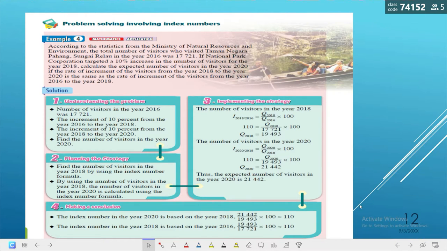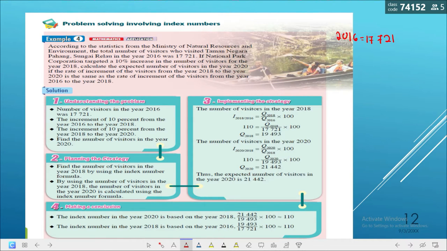Here it says, according to the statistics from the Ministry of Natural Resources and Environment, the total number of visitors who visited the Taman Negara Pahang Sungai Relau in the year 2016 is 17,721. So we take out the info that has been given. In 2016, there are 17,721 visitors.